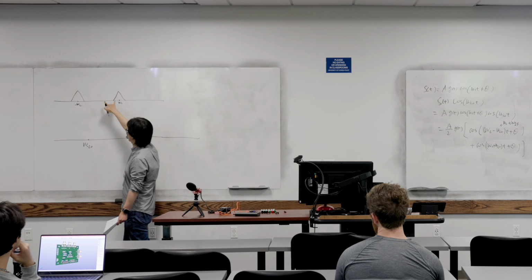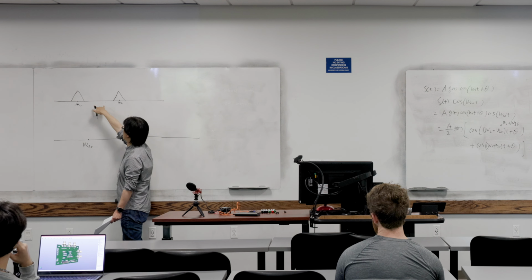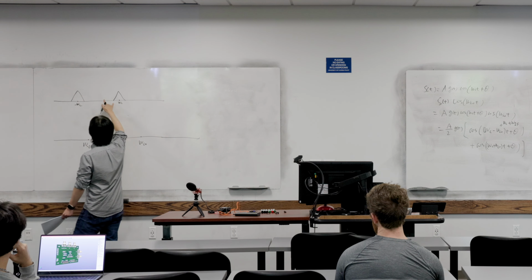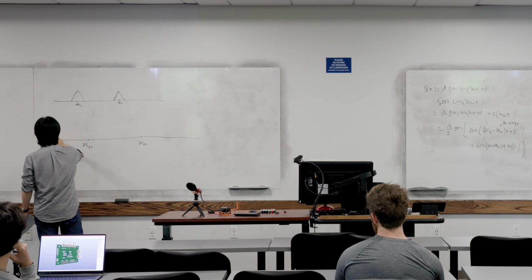So basically this will be shifted to this side, and this will be shifted around here, because it's cosine, right?